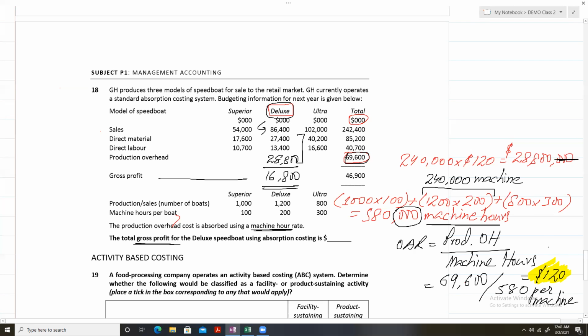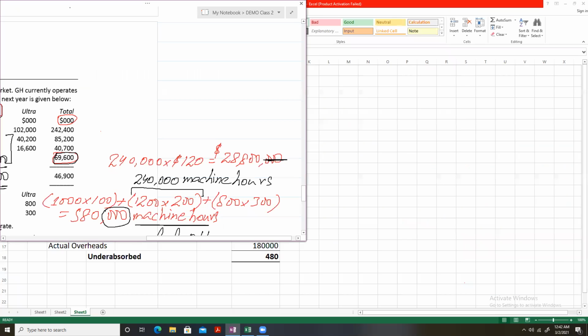Since overheads are absorbed on the basis of machine hours, we looked at how many machine hours are taken by the deluxe speedboat. Deluxe speedboat takes 240,000 machine hours.